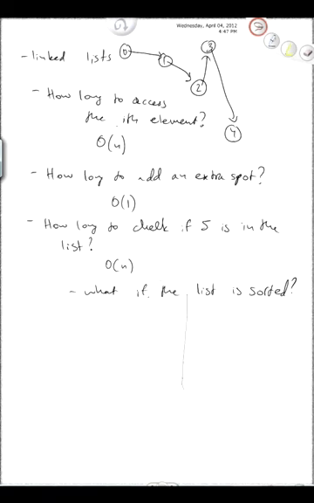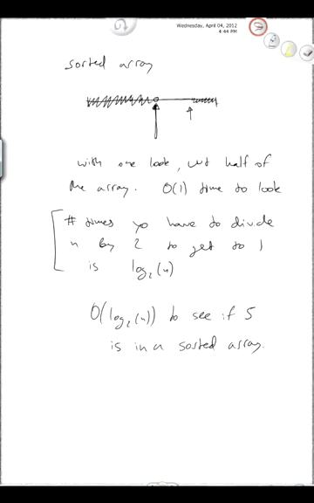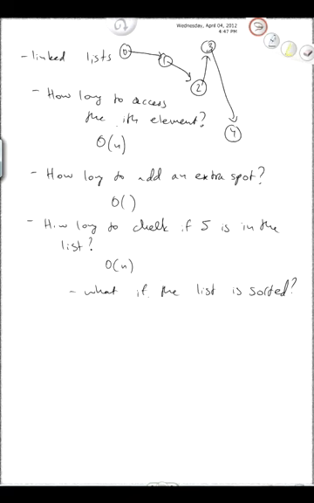If the list were sorted, that ended up helping us a lot in an array. But in a linked list, we can't do our neat binary search trick because you can't jump to the middle of the linked list to see if 5 is bigger than or smaller than. So even if the list is sorted, it still takes you O of n time to check if 5 is in the list, because binary search doesn't apply here since we can't do these quick jumps to the middle.